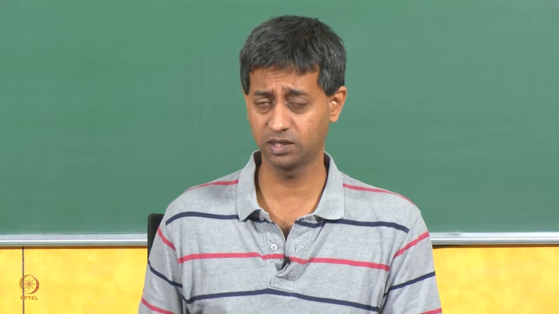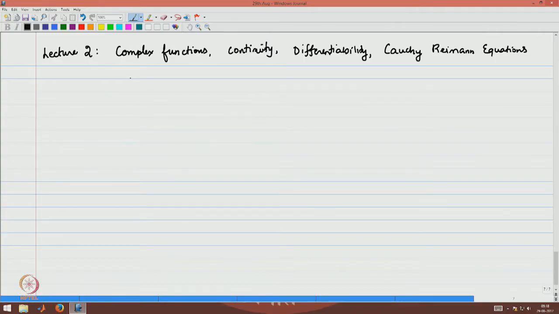So, what I want to do is talk about complex functions, and there are interesting ideas about continuity, differentiability and so on. So, let us start. Suppose you have a complex function f of x y equal to u of x y plus i v of x y.